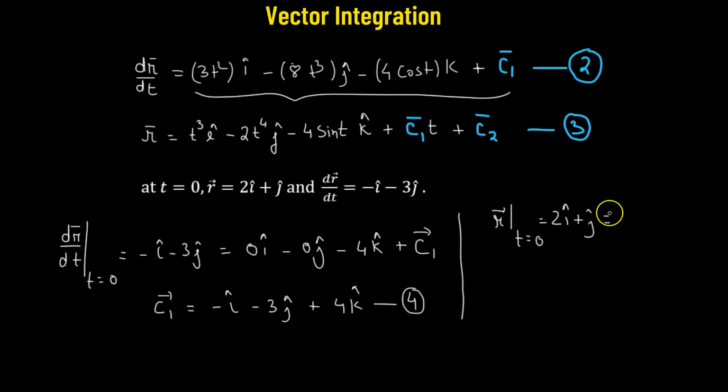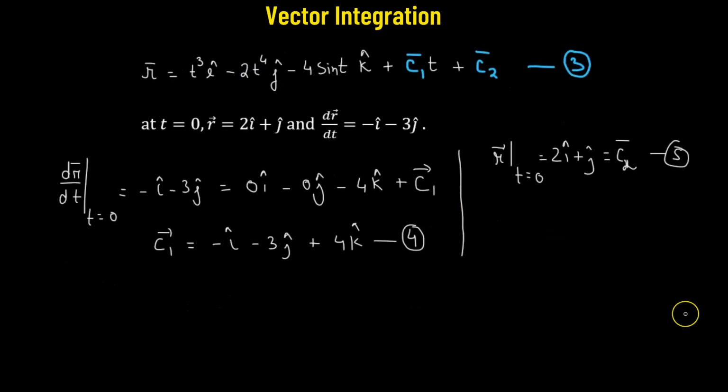All of them are 0. We have c1 vector times 0, so that's also 0. So we have only the c2 vector. That means c2 vector equals 2i cap plus j cap. So let's label this as number 5: we have obtained c1 vector and c2 vector. Finally, we'll substitute these values into equation number 3.